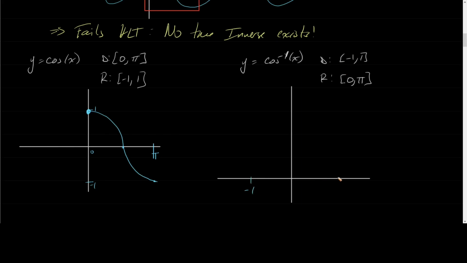Our range is from 0 to pi. Let's say this up here is pi, and it does the following. At 1, it hits it over here. At pi over 2, it hits it somewhere around there. And at -1, it hits it all the way up here. And it looks something like this. All right. So that would be the graph of cosine inverse of x.